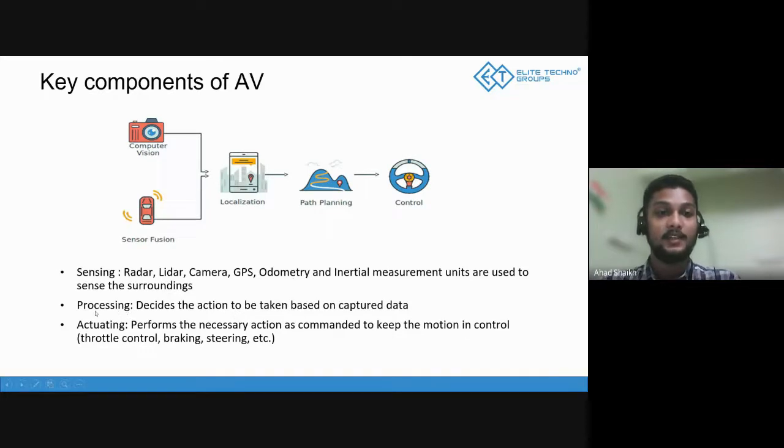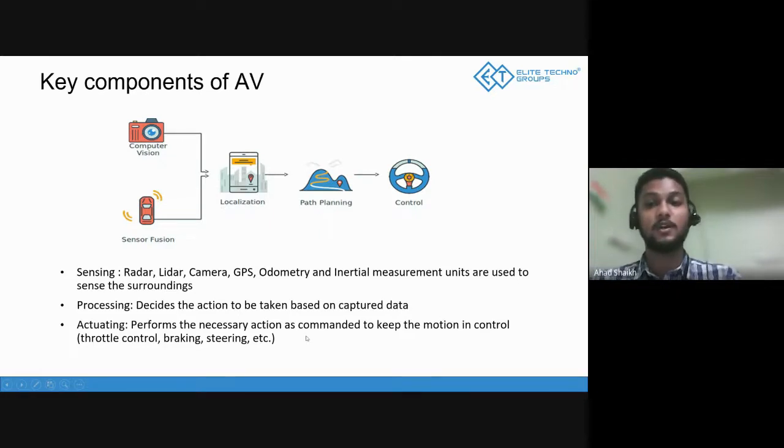Then the second thing is processing. The data gained from the sensors has to be processed somewhere, so processors and microcontrollers will be there so that it can take decisions on that basis. And lastly, the sensing data and the processing commands are given to the actuators. So there comes the actuating part.